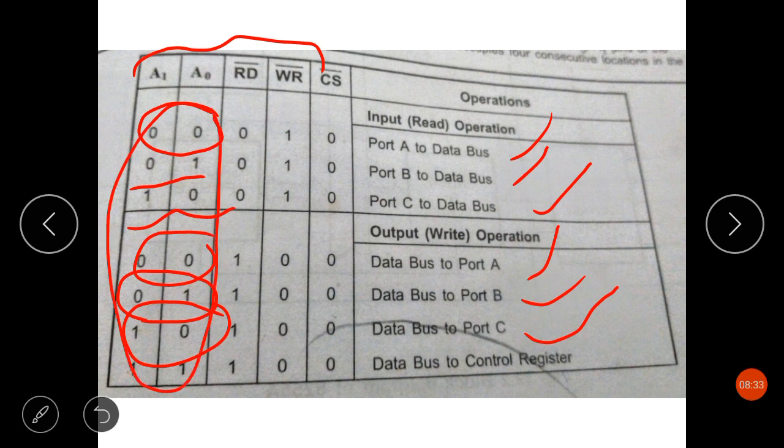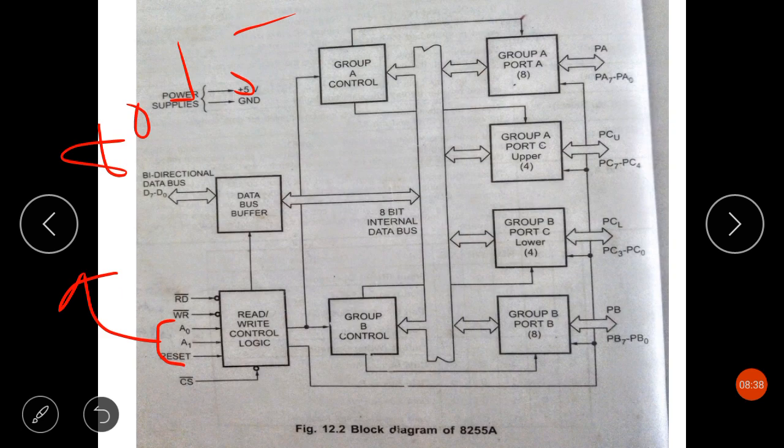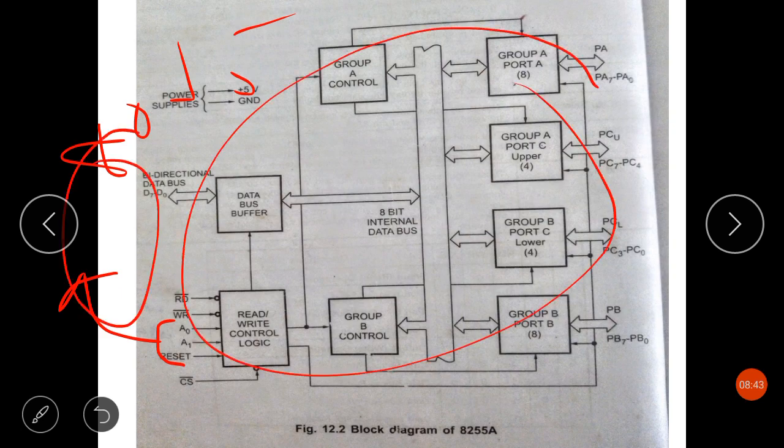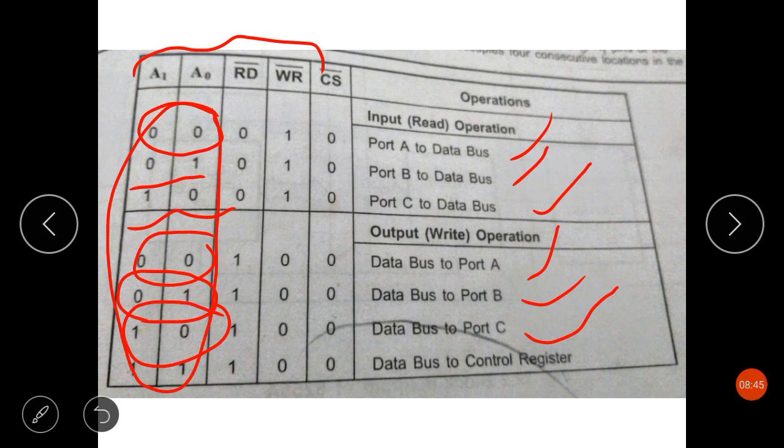Now if RD bar is 0, it means the microprocessor will read data through this peripheral interface, that is, data is going to be transferred from the 8255 to the microprocessor. So how will things get connected?